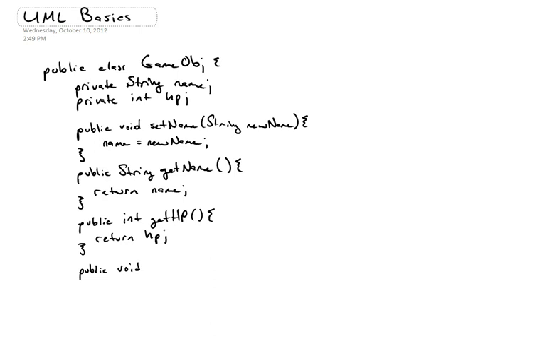I'm also going to say that it's void, returning nothing, and I'm just going to say printGameObject. It doesn't take in anything, and all it does is a System.out.println, and it's just going to spit out the name and also my hit points. That's all it does.